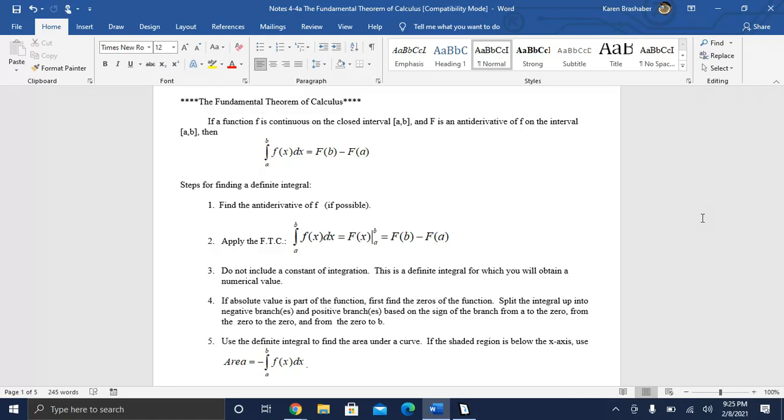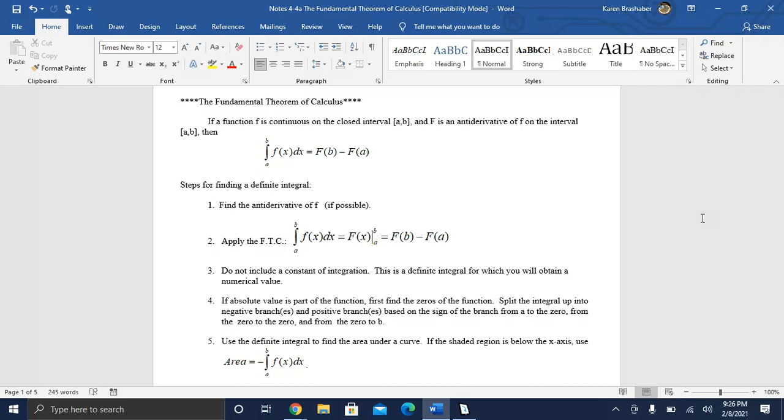And it will also allow us to find the area under the curve for functions where you would not be able to do so using a geometric formula. So the fundamental theorem is used to evaluate a definite integral.